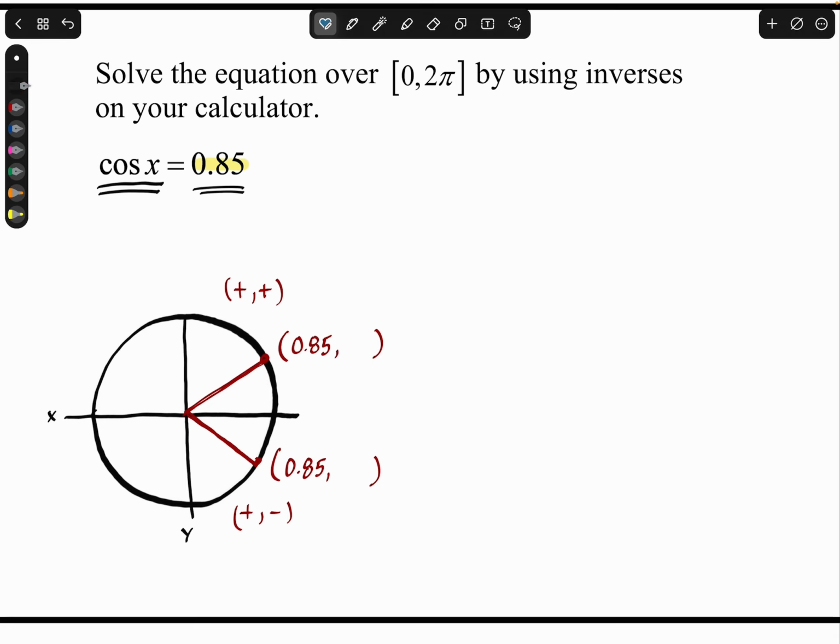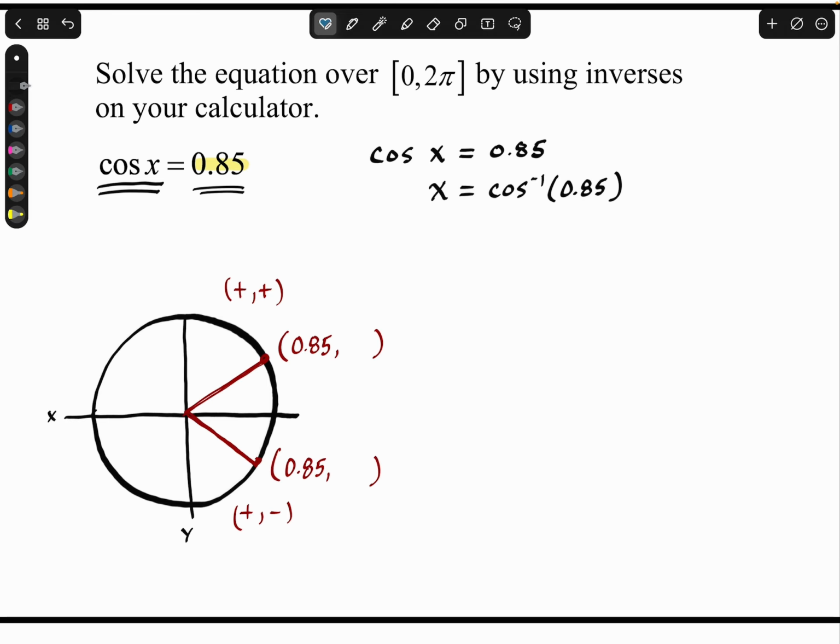When we do cosine of x is equal to 0.85, we're trying to isolate the x. We're doing the inverse cosine on both sides. You don't have to write it out on both sides like I did on the previous one, because we should know we're doing the inverse cosine to both sides. That's how we get x by itself.